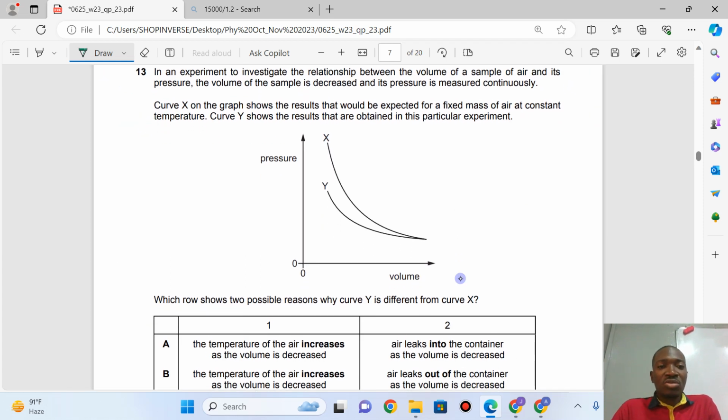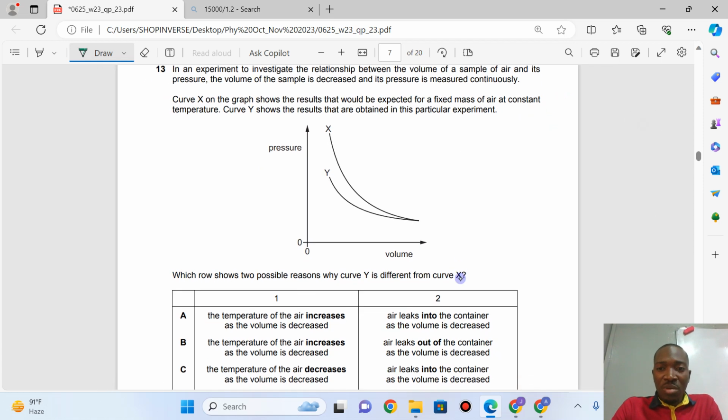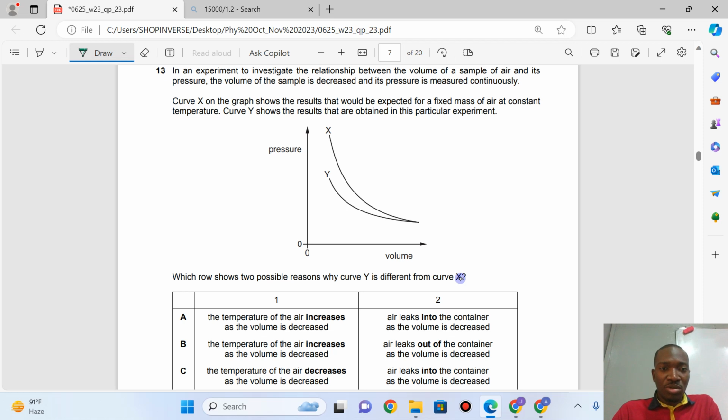In an experiment to investigate the relationship between the volume of a sample of air and its pressure, the volume of the sample is decreased and its pressure is measured continuously.